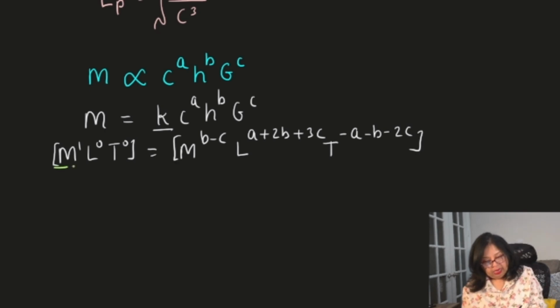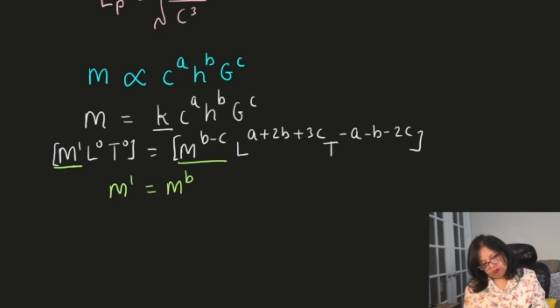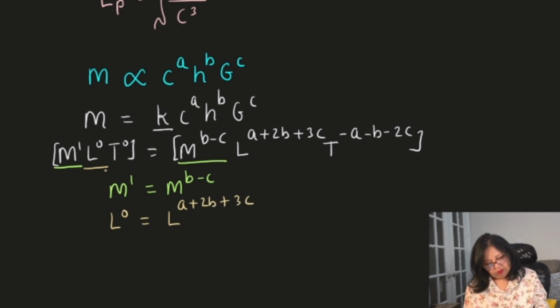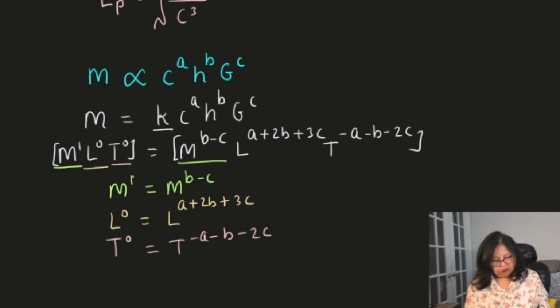Now, M to the power 1 equals M to the power b minus c. L to the power 0 equals L to the power a plus 2b plus 3c. Last, T to the power 0 equals T to the power minus a minus b minus 2c.